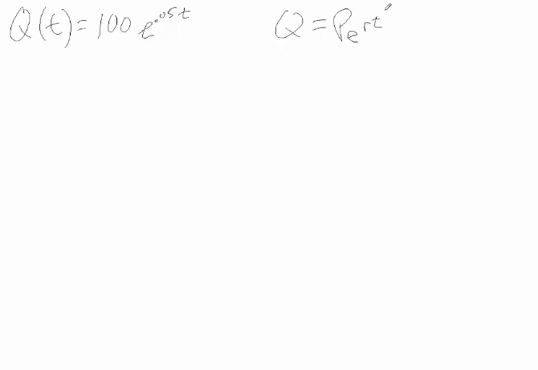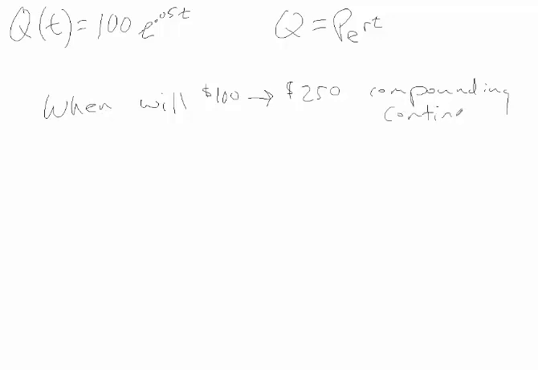So P is the original principal, or the starting point of 100. 5% is the continuous growth rate. So when will my initial $100 become $250 if I'm compounding continuously? Continuously is where we bring in e to the equation.